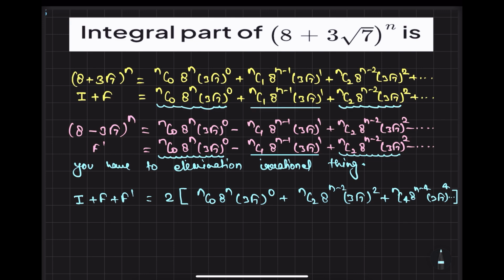So this is 2 times an integer. So don't you think it is an integer? An integer multiplied with 2 will become what? 100% it will become an even number. So can I say that I plus f dash is 100% an even number, but we have to comment on the integral part. We have to find the behavior of I.